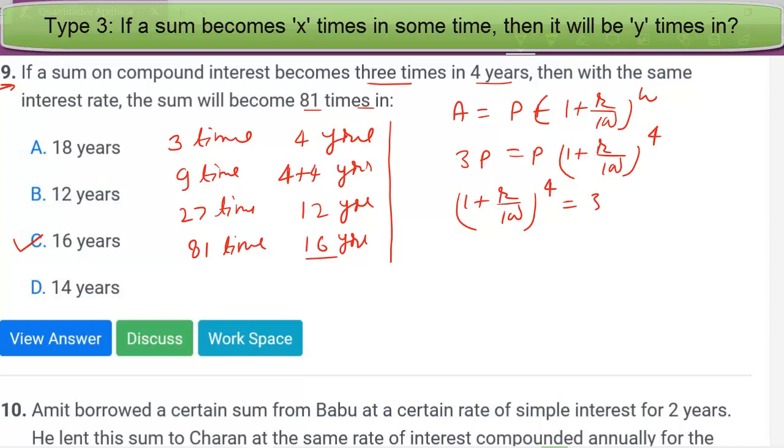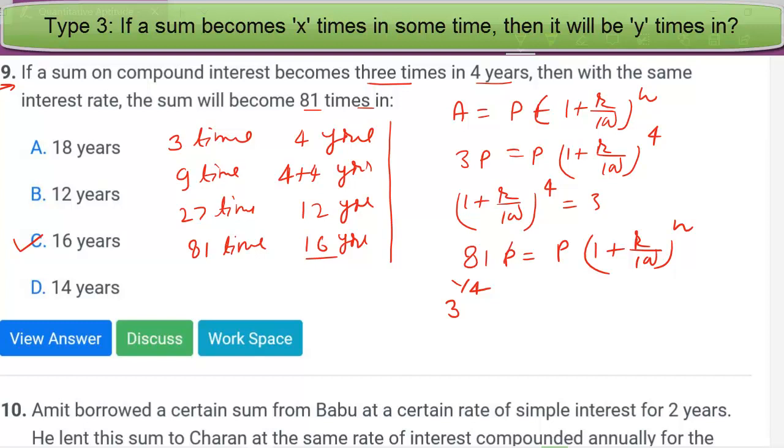Now what is required? It becomes 81 times. So that means 81P is equal to P(1 plus R by 100) raised to power n, which you need to find out. Here you can put the value of 1 plus R by 100 in this equation. So this will give you 3 raised to power 1 by 4, because P and P will cancel out.